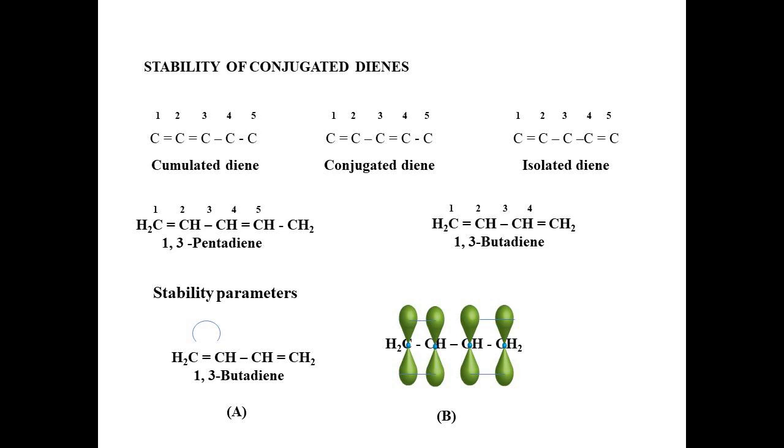Stability of the dienes. Which dienes are more stable: cumulative, conjugated or isolated dienes? You already know the differences between the three categories. So I can say the conjugated diene is more stable. Some stability parameters are evidence of the stability of conjugated dienes.